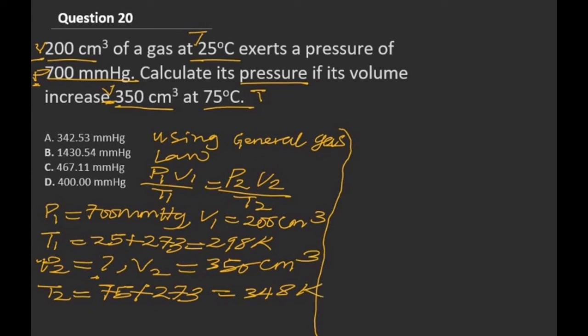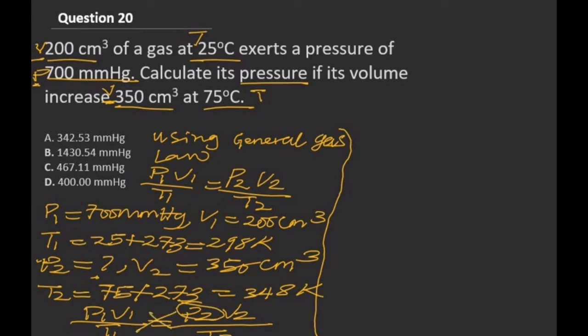So we'll go back to our formula, P1 V1 over T1 equals P2 V2 over T2. The unknown we are looking for is P2, so we'll make it the subject of the formula.